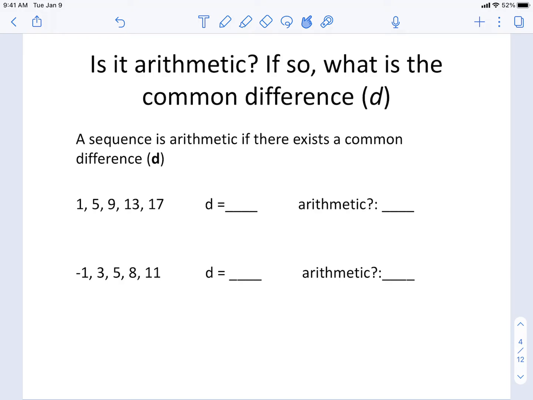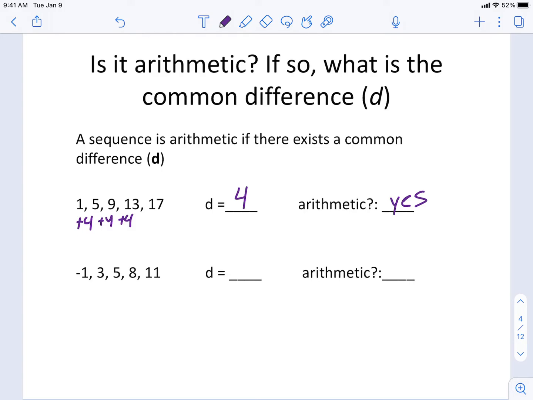Okay, so one thing you'll be asked to do again is determine, is it arithmetic or is it not arithmetic? So is this an adding or subtracting pattern or not? Let's take a look at this first one. So to get from 1 to 5, I can do a plus 4. Then if I do another plus 4, I do get to 9. Another plus 4 gets me to 13, and another plus 4 gets me to 17. So that's good. d is a positive 4, and it is arithmetic.